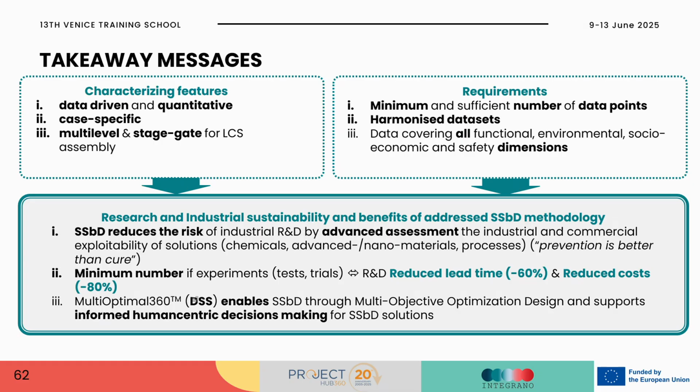So we need some methodology which is useful, fast, and cost-effective. Minimum number of experiments is the translation of those requirements, and the decision support systems enable you to simplify the computation of a huge amount of data in data sets that cannot be worked out by hand, of course.